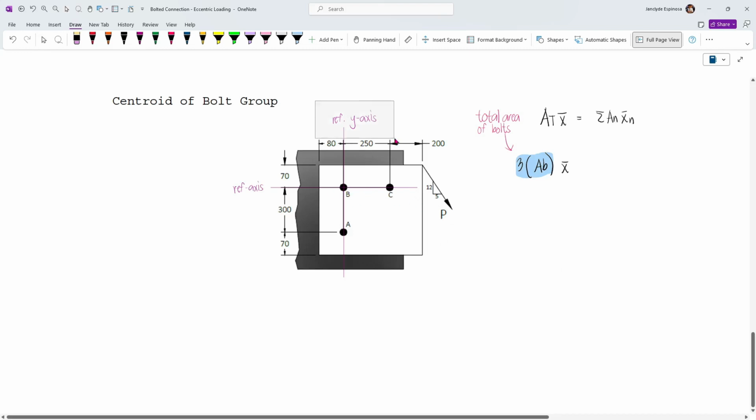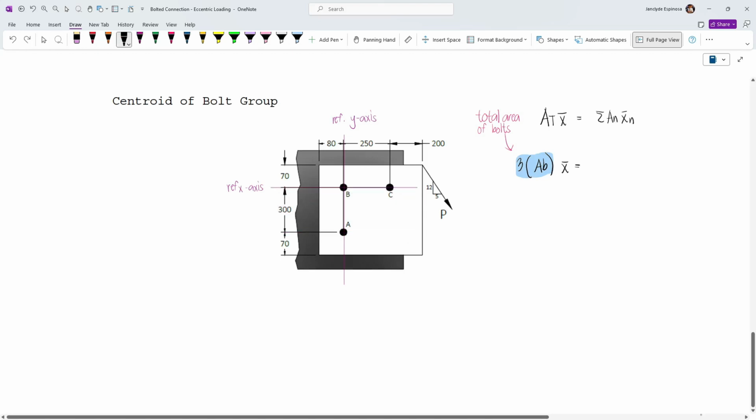Now for the reference y-axis, I can actually move this here. However, if this is my reference, I can only include 1 bolt. However, if I move the reference right here, I can include 2 bolts along this line. And so this will shorten my solution. And then for the reference x-axis, I can have it here, but it will only include 1 bolt. That's why it's better to put this here.